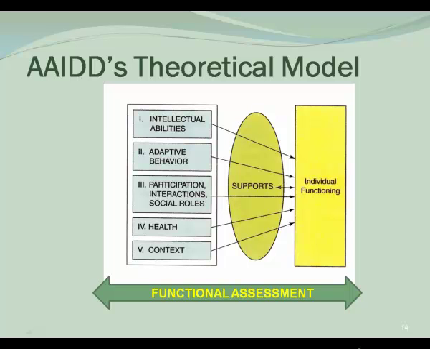The determination of needs are established through extensive functional assessment. This term is very literal. How does this student function in different settings, in different roles, and in different contexts?